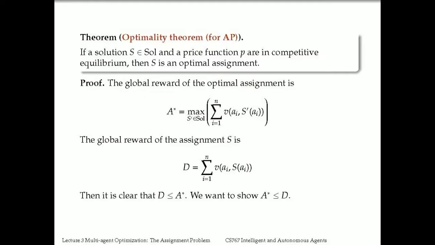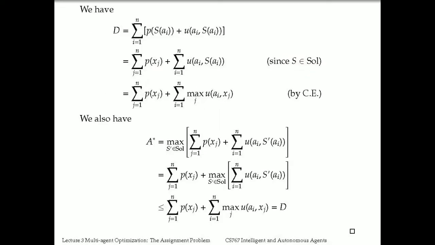The global reward of the assignment S is represented as D, which is a sum of i equals 1 to n of all of the v_{a_i} s_{a_i}, and because A star is the maximum among all of the possible solutions, of course you have D less or equal to A star. What we want to show is the other direction, that A star is also less or equal to D, and this can be done by a sequence of derivations which I laid out on the slide. I'm not going to read it out to you, but you're encouraged to work it out yourself.